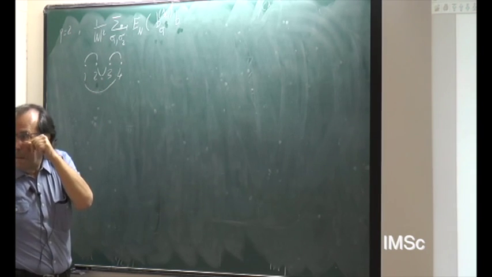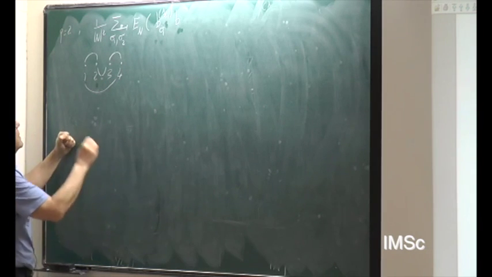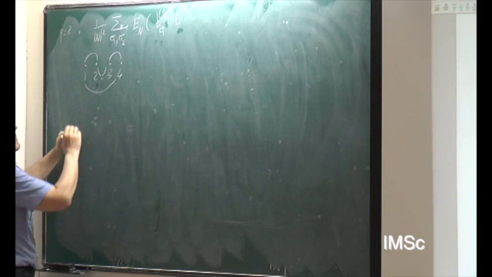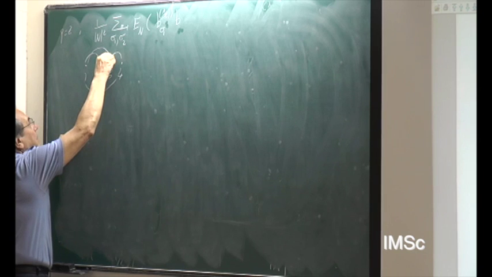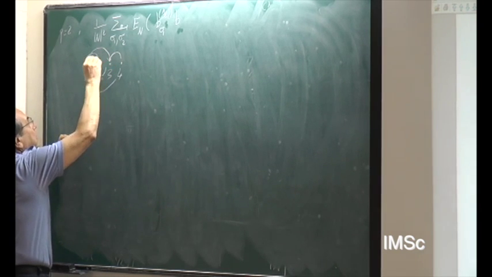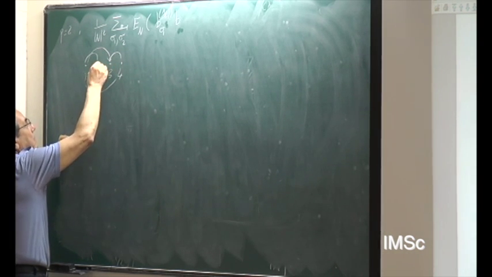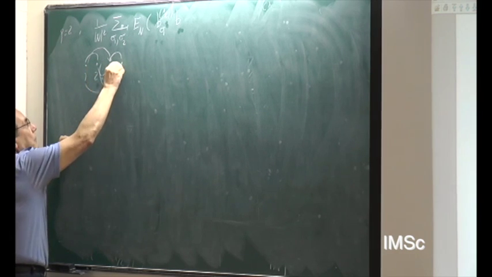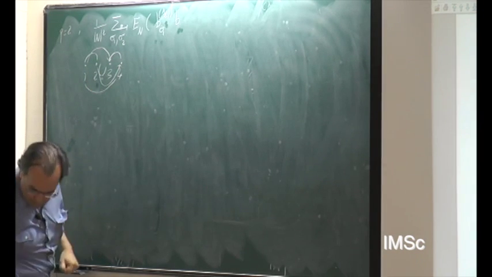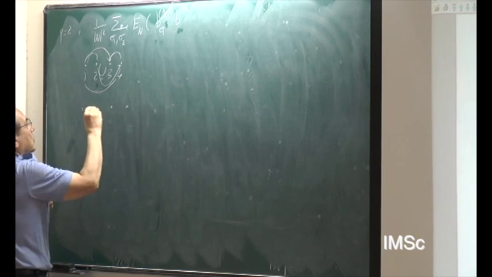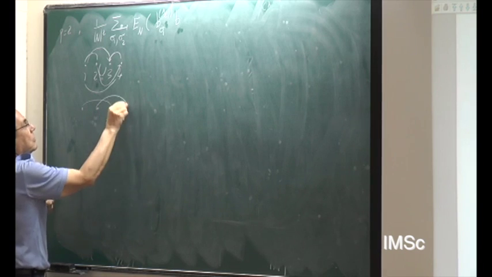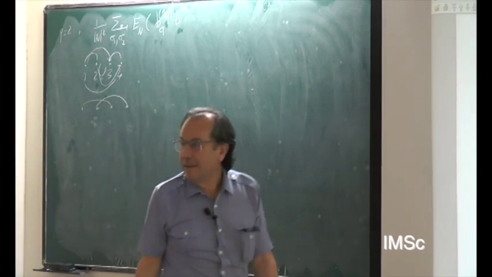There is a third possibility, which is also interesting for us, which is this: 1 with the 3 and 2 with 4. This is the famous crossing partition. I rewrite it here, because if I have 1 with 3 and 2 with 4, I have a crossing. That is the difference between crossing and non-crossing partitions.